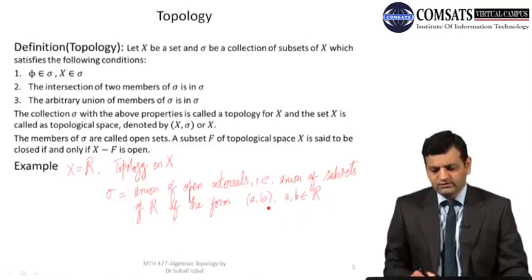So the subsets of the form (a, b) are called open intervals, and sigma is the collection of all unions of open intervals.